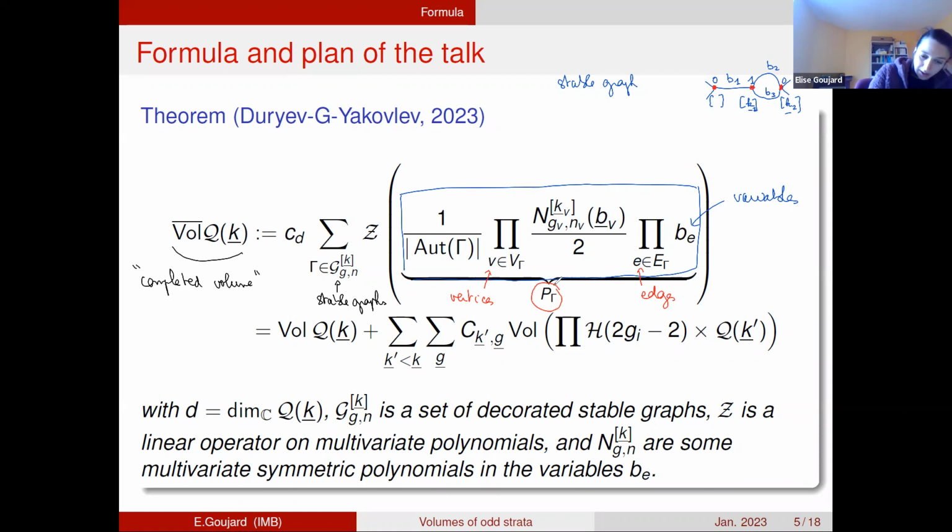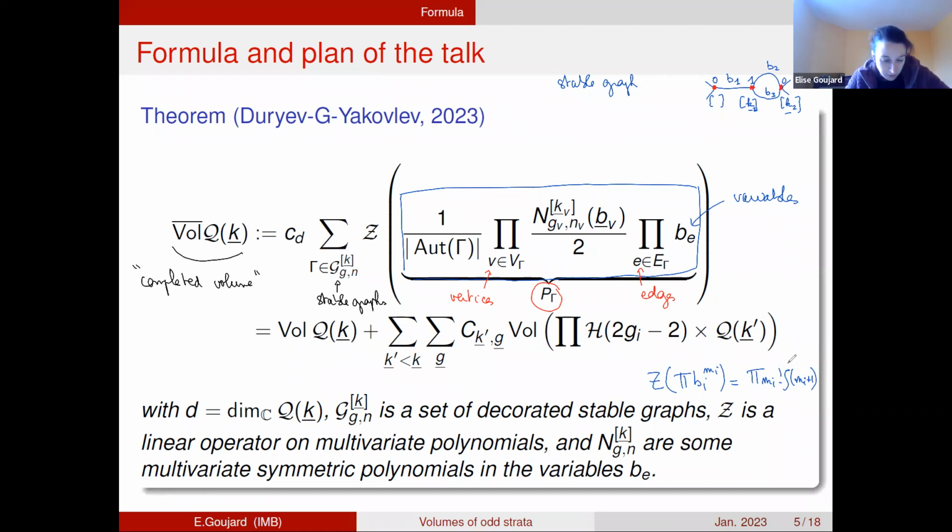And then I apply some linear operator. So what is Z doing? Z is linear, and Z takes a monomial like this to a number which is the product of zeta values of m_i plus 1 times m_i factorial.